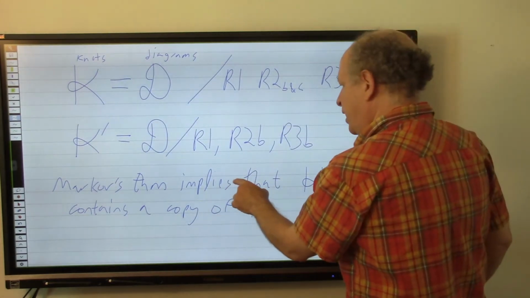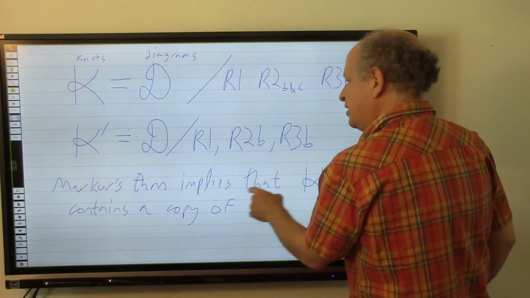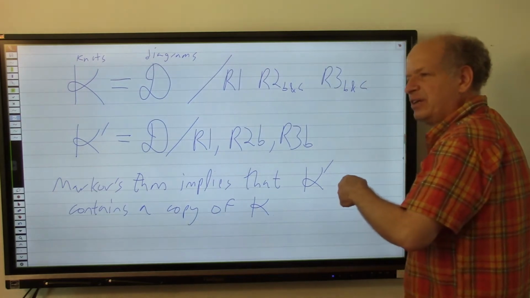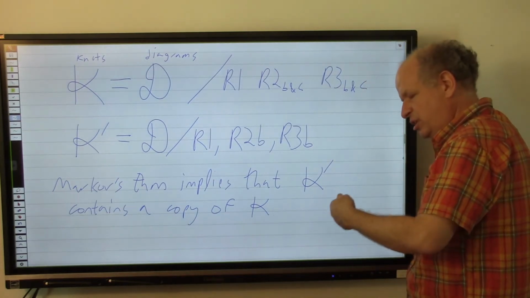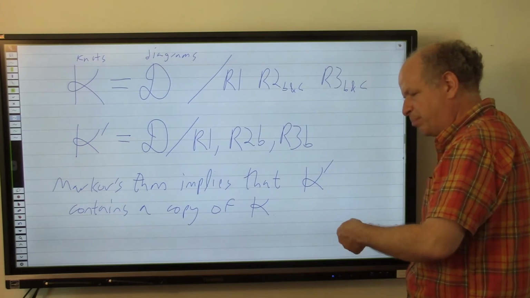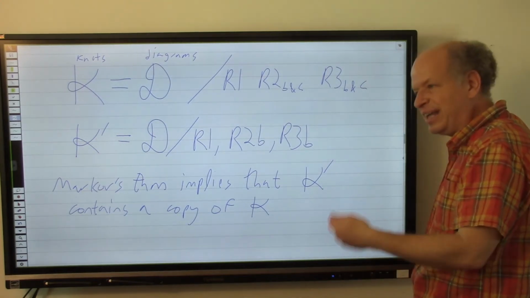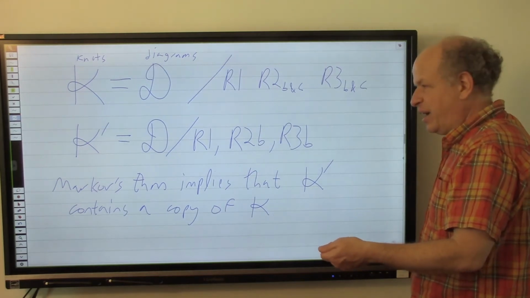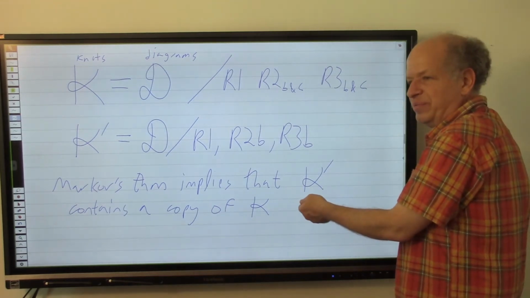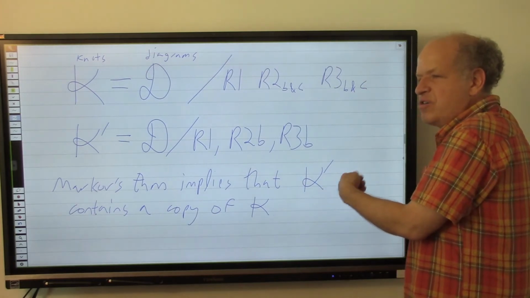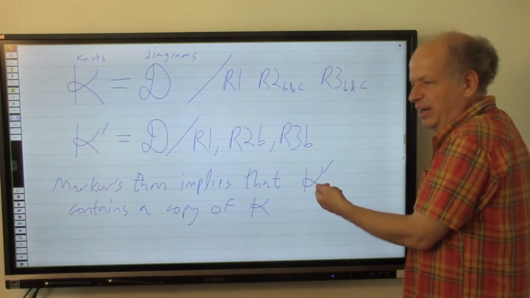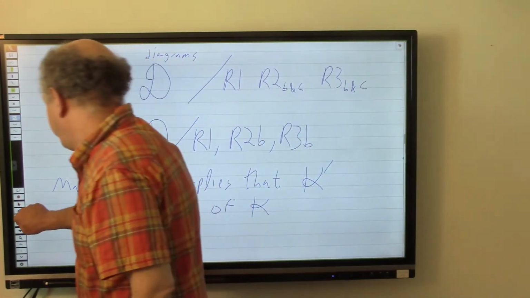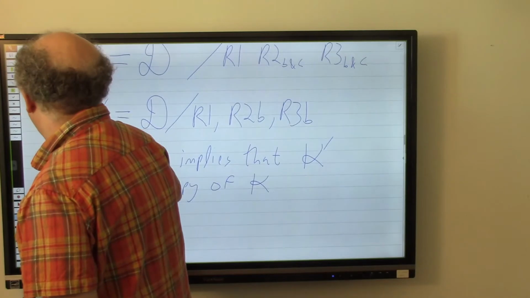So Markov's theorem implies that K prime contains a copy of K, namely those knots that are presented as braid closures. Okay? But it may contain more. So there are knots that, so let me say two things.